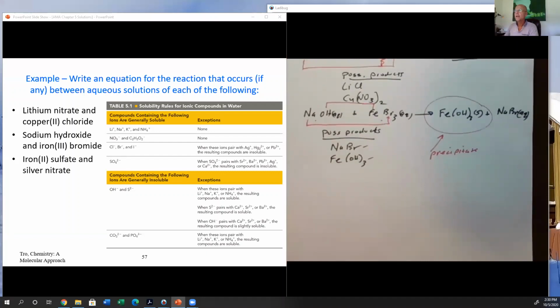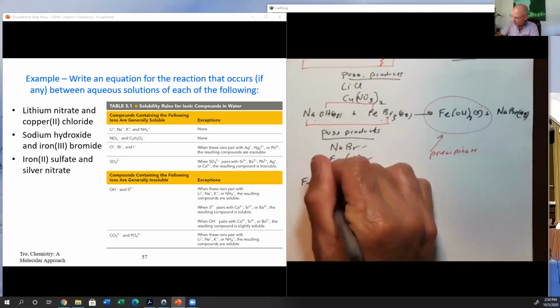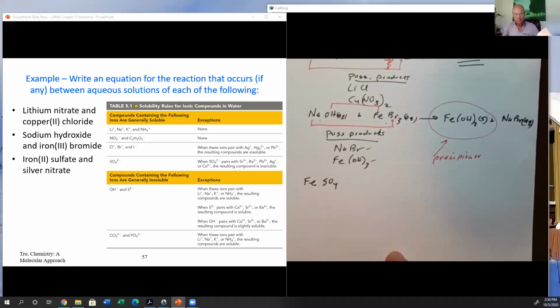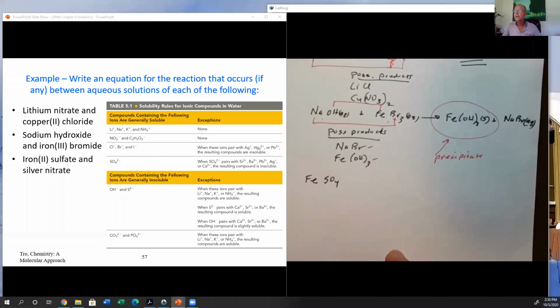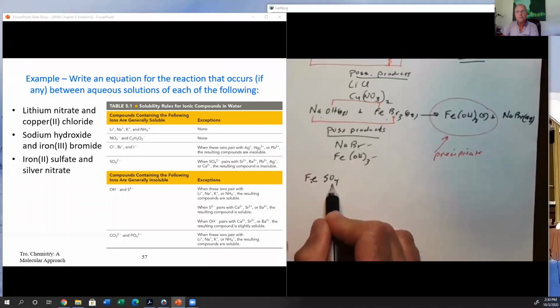All right. And then lastly, iron 2 sulfate, FeSO4. Now we've got to be careful writing the formula. Iron is 2 plus because of the 2, and sulfate is 2 minus, so we know it's 1 to 1.